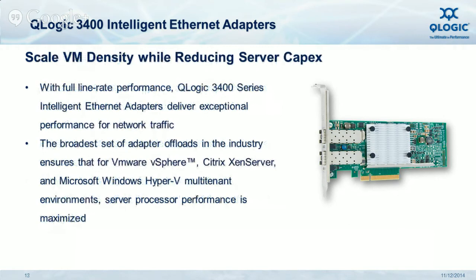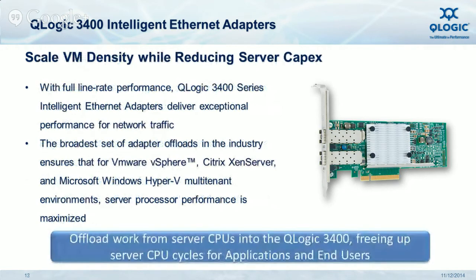By doing all these things, what you're really getting to is being able to scale your virtual machine density while reducing your server CapEx, with full line rate performance. What that means is if it's a 10 gig E-pipe, you can actually pump through a full 10 gigs of pipe on our connections.